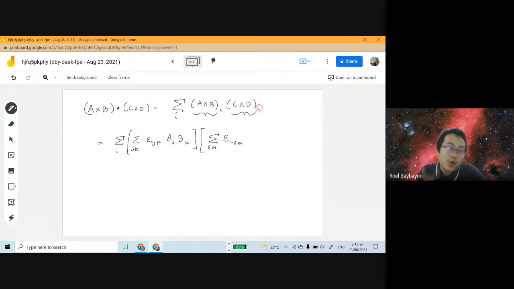So in your Levi-Civita, the first index is also an i, and for the second and third you can use any letters except j and k, because I already used j and k in the ith component of A cross B. So I have epsilon_ilm, with C_l and D_m. So how many summations do I have? Five: i, j, k, l, and m.